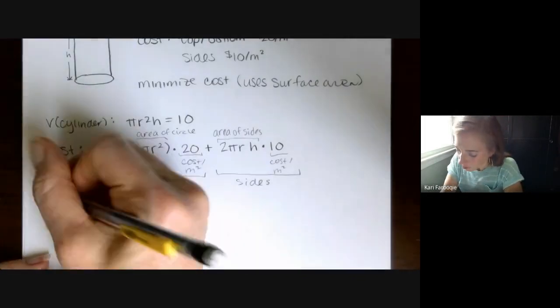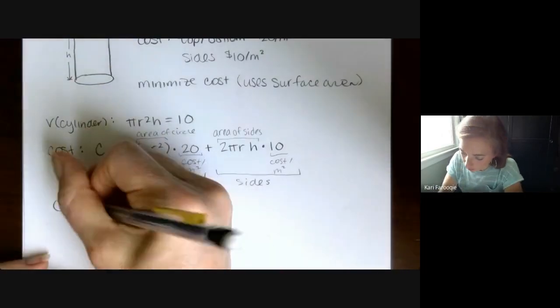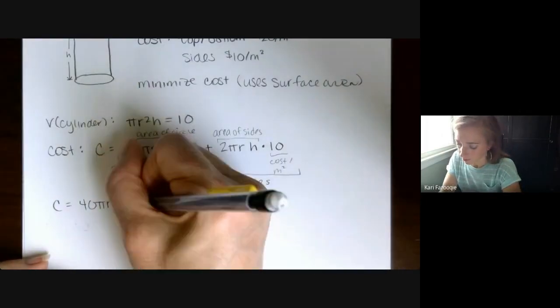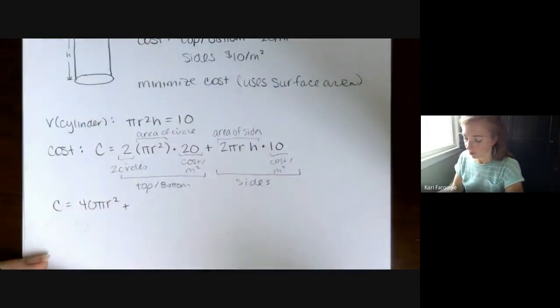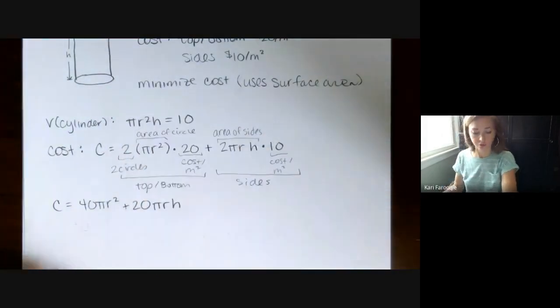Wonderful. So let's simplify this cost formula. 2 times 20 is 40. So we have 40 pi r squared. And then 2 times 10 will get us to 20 pi r h.